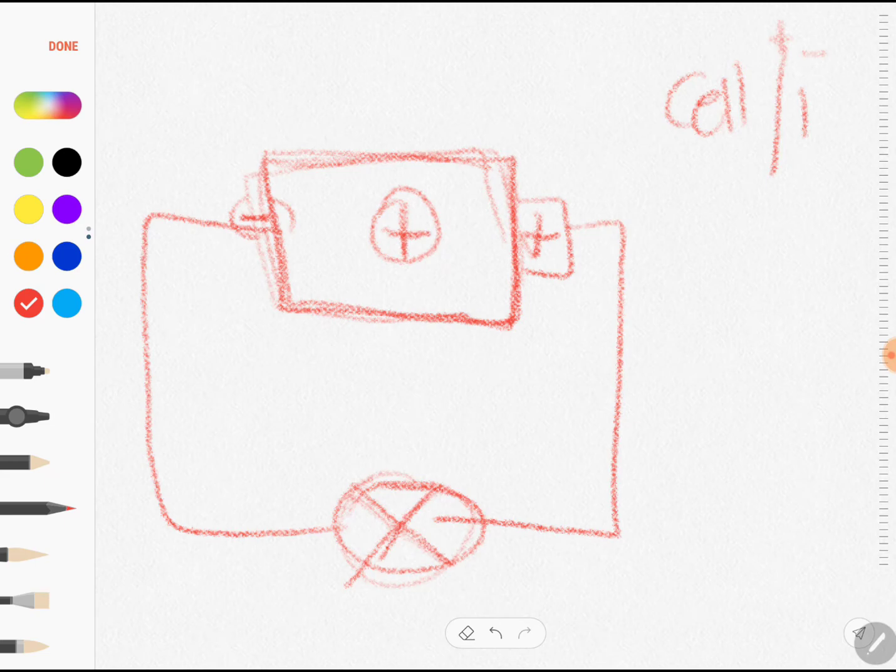This positive test charge will be affected by the electric field produced when this positive terminal is facing this negative terminal. How will this behave? This will be repelled by the positive terminal, and this will be attracted to the negative terminal. So its natural movement is towards the negative.